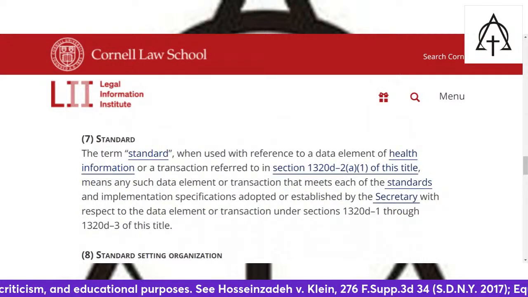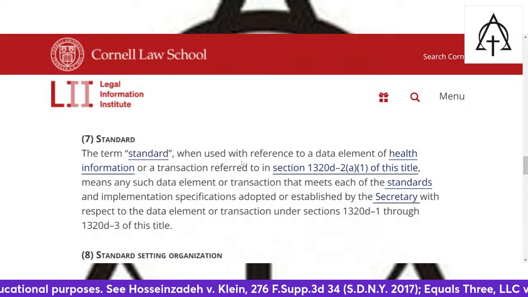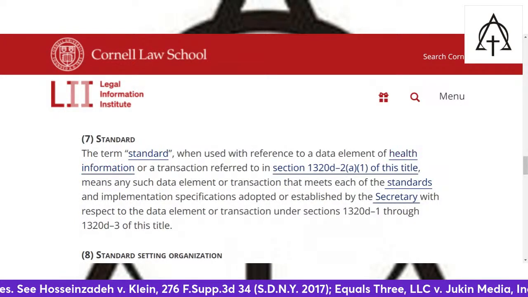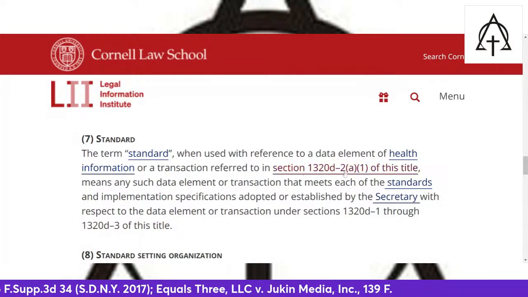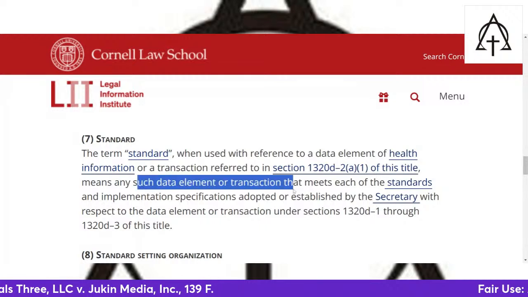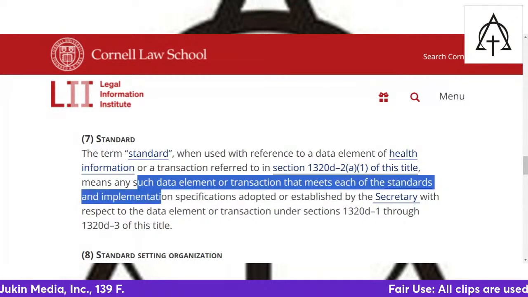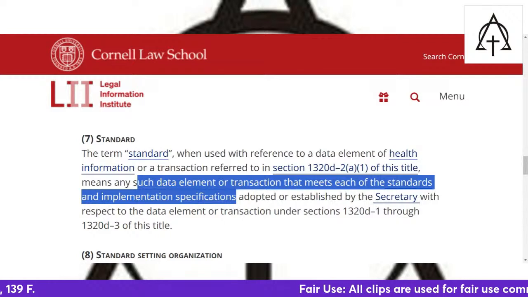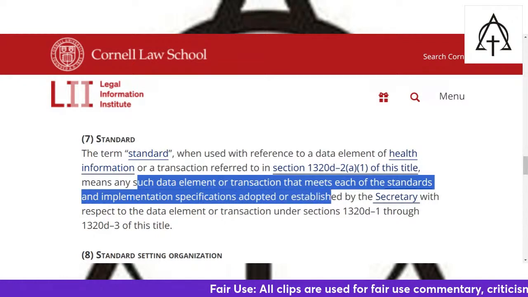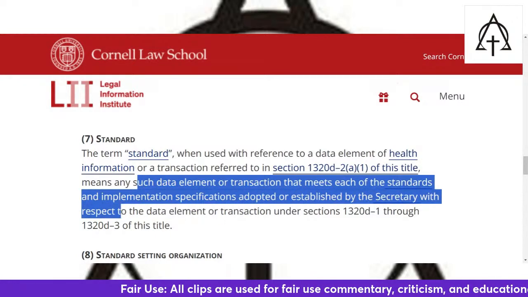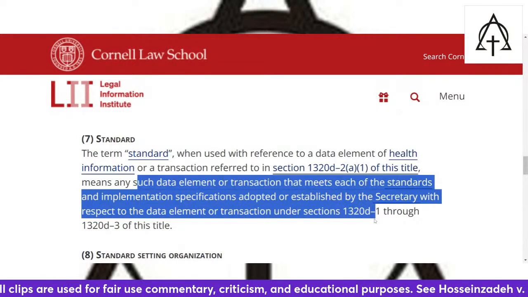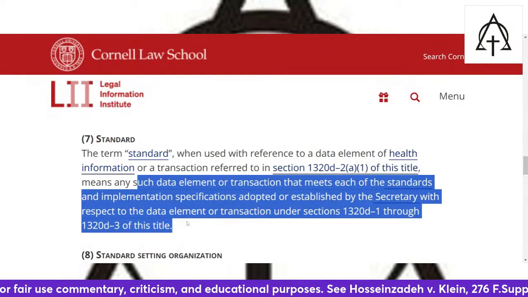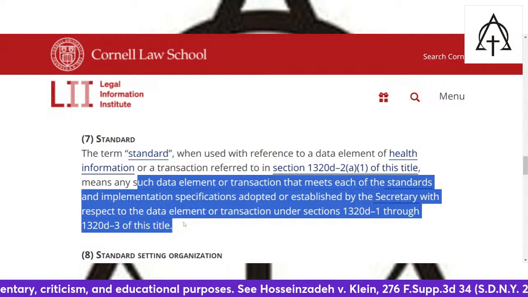Standard. The term standard, when used with reference to a data element of health information or a transaction referred to in Section 1320d-2(a)(1) of this title, means any such data element or transaction that meets each of the standards and implementation specifications adopted or established by the Secretary with respect to the data element or transaction under Sections 1320d-1 through 1320d-3 of this title.